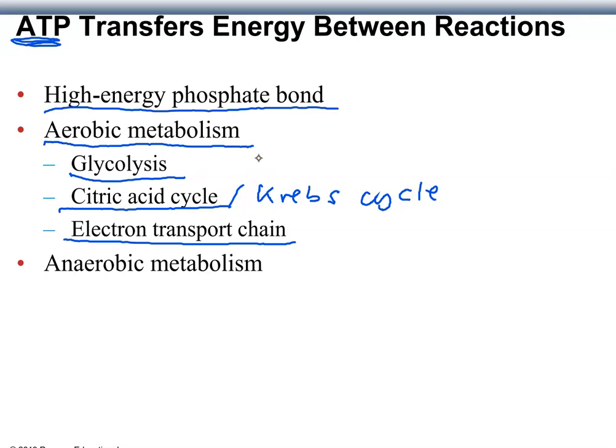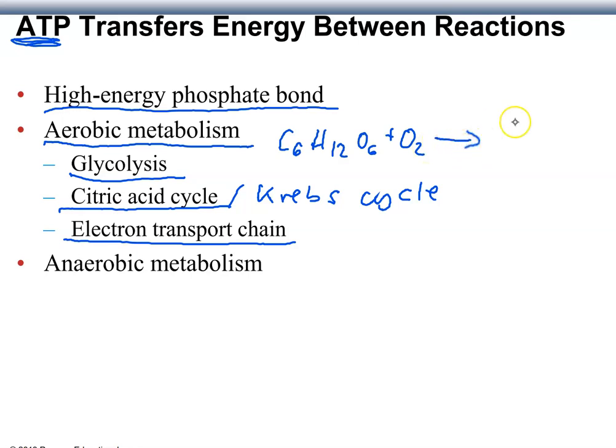And keep in mind, the reaction that we're following here is we're going to take a glucose molecule as our model molecule. So we're going to take C6H12O6 plus we need to breathe in oxygen, 6O2.